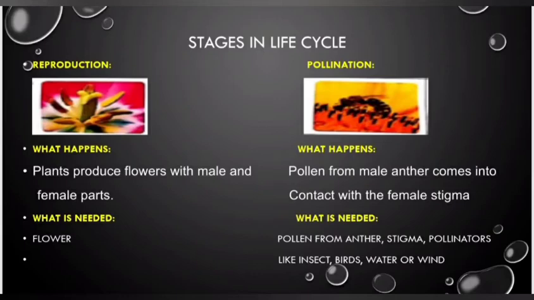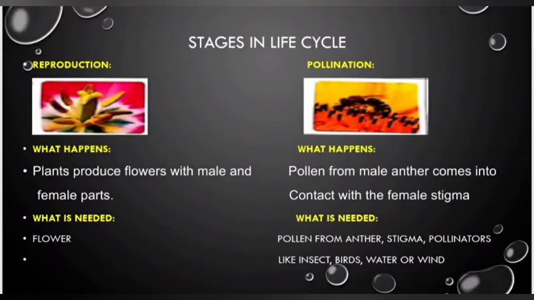Reproduction, what happens during this process? Plants produce flowers with male and female parts. What is needed during this process? Flower. Another, pollination. What happens during this process? Pollen from the male anther comes into contact with the female stigma.